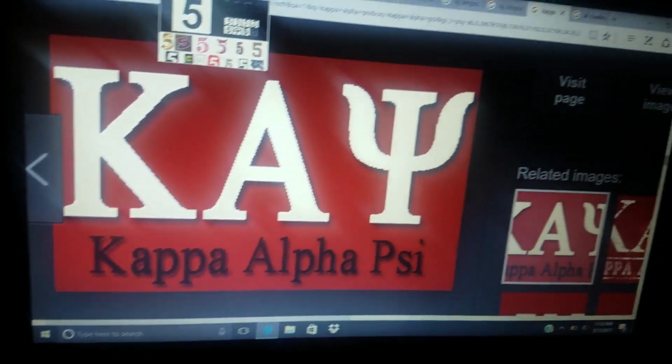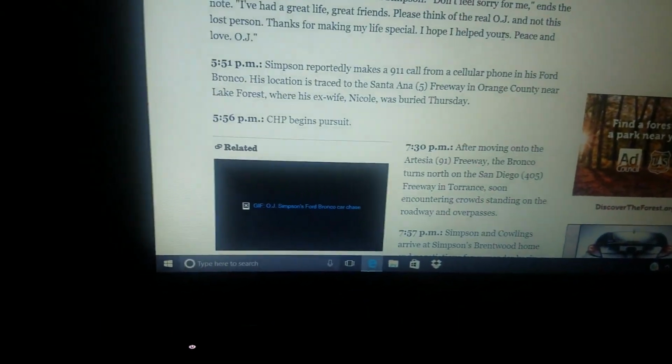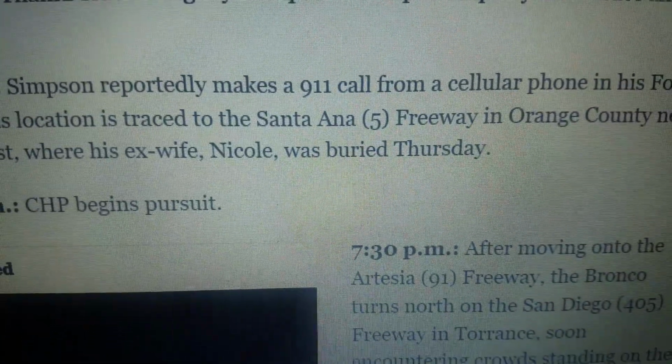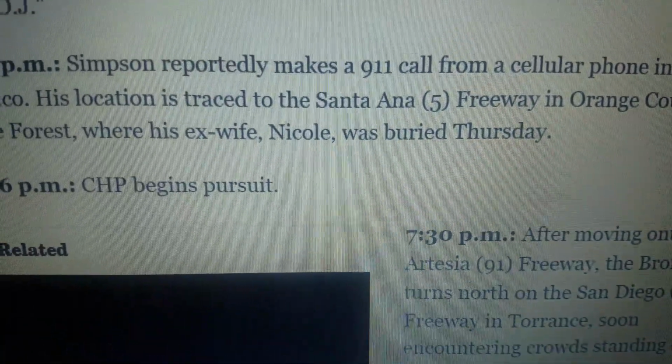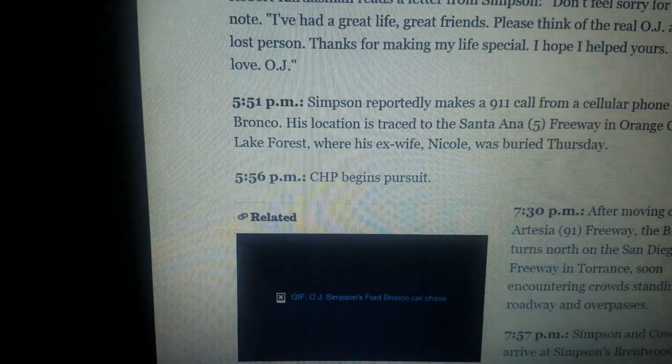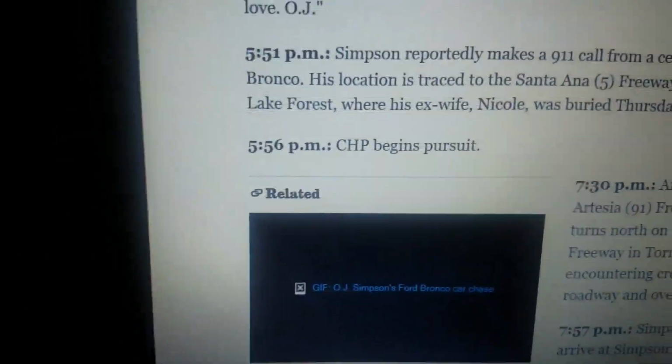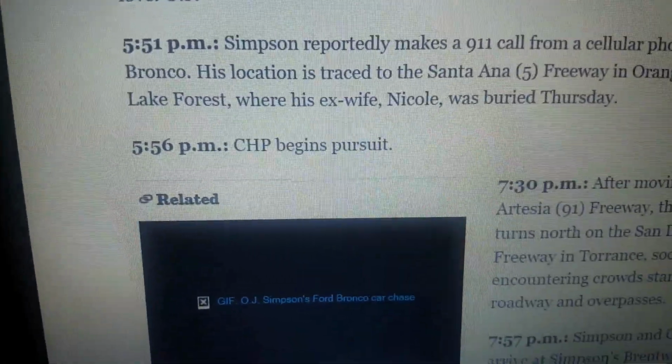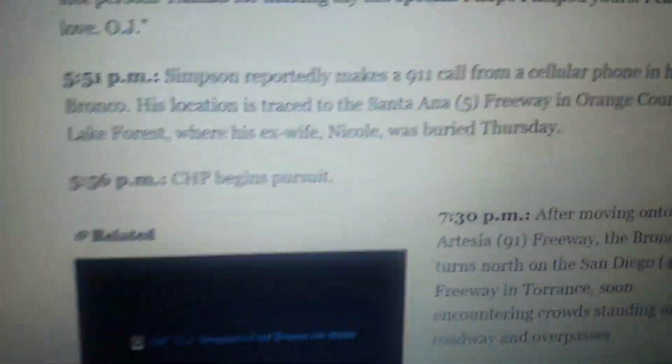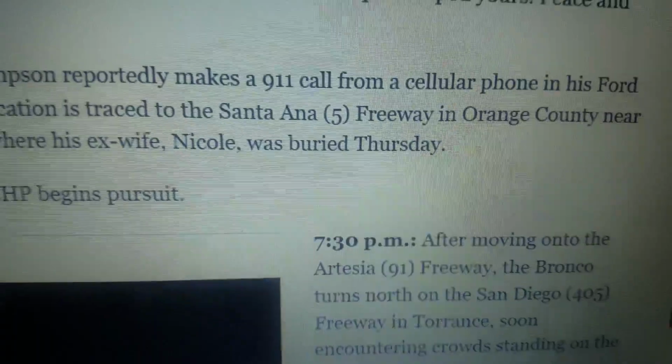Okay, so we are going to go back to this 5 connection with this O.J. Simpson chase. The O.J. Simpson chase started on the Santa Ana 5 freeway. And you know how many police cars were chasing O.J. Simpson on the Santa Ana 5 freeway?